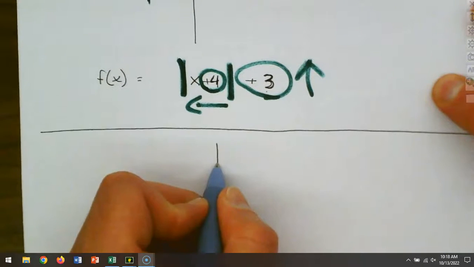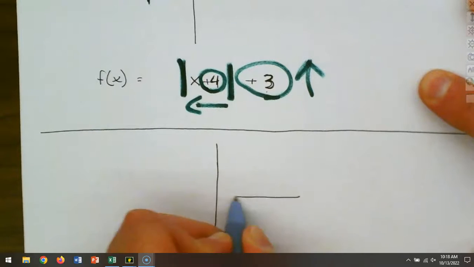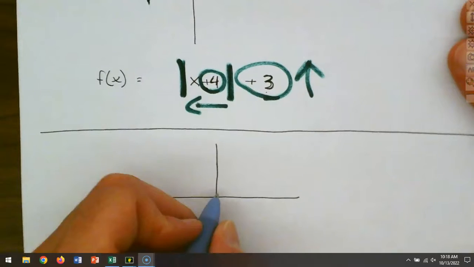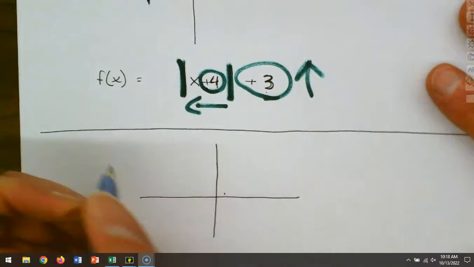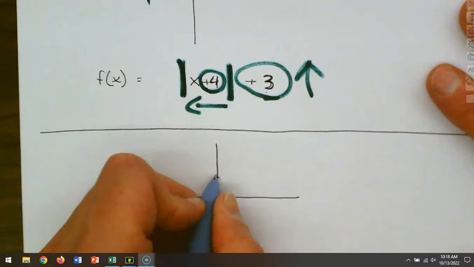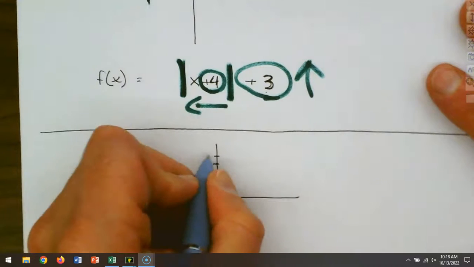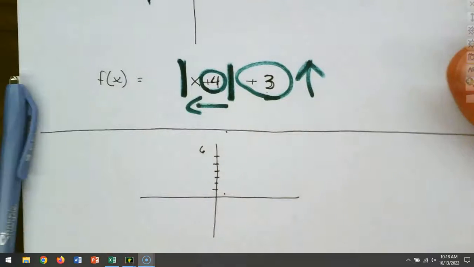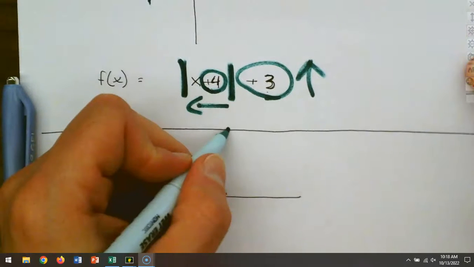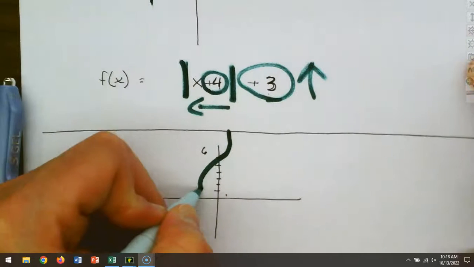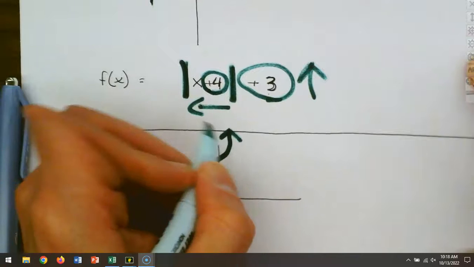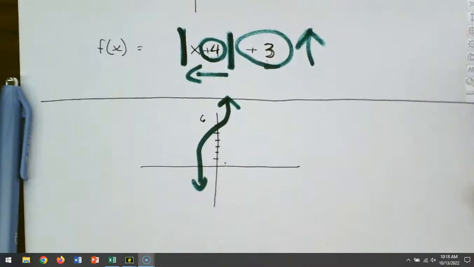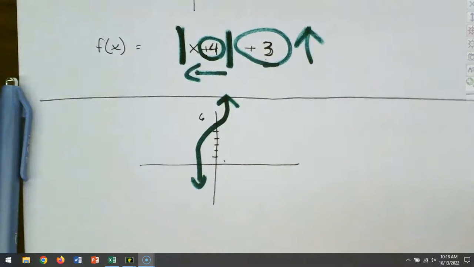So again, I'm going to give you a graph. So I'm going to give you a graph, and you're going to have to figure out what it came from. So there's my graph. Okay, I want you to find the equation.